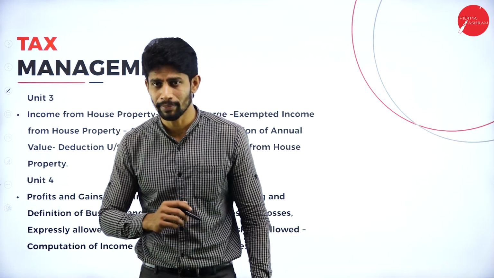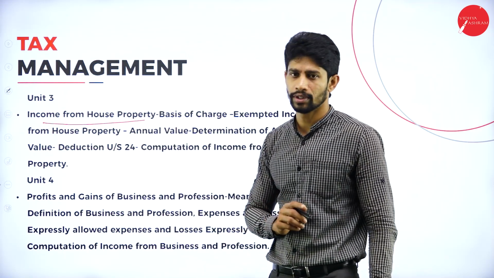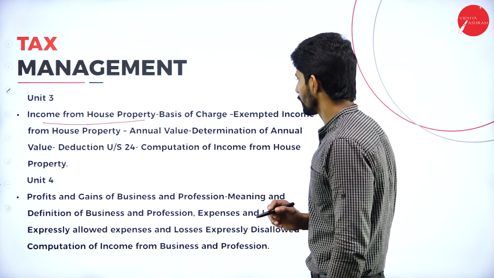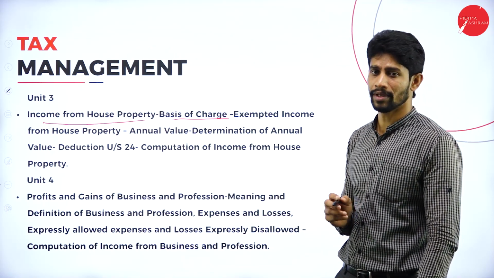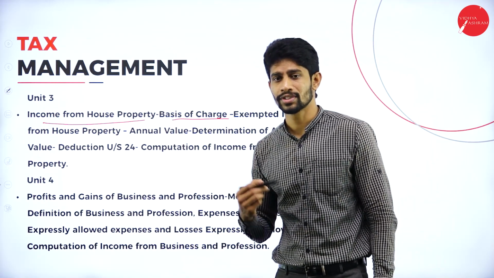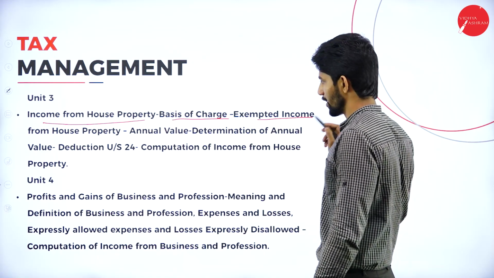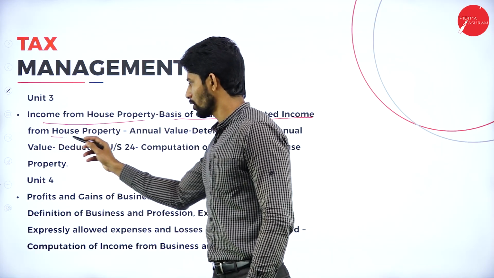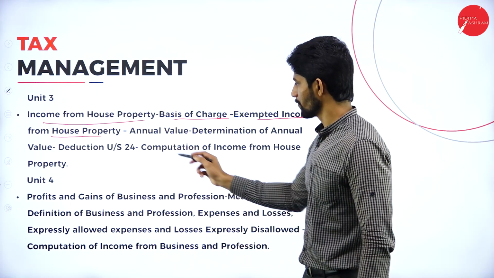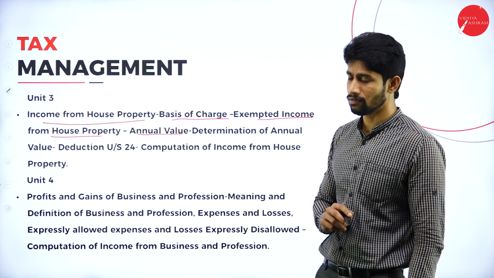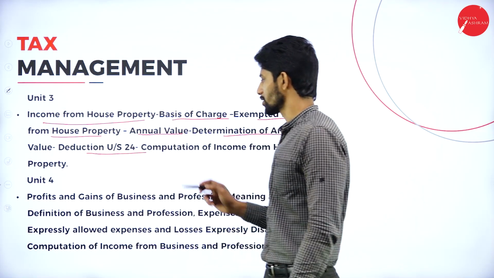Next, moving on to Unit number 3. It is all about income from house property. Here you are going to study the basis of charge, that means on what basis we are going to charge the income from house property, and the exempted income from house property. Which incomes come under exemption with respect to house property, and how to compute the annual value, determination of annual value, and deduction under Section 24.